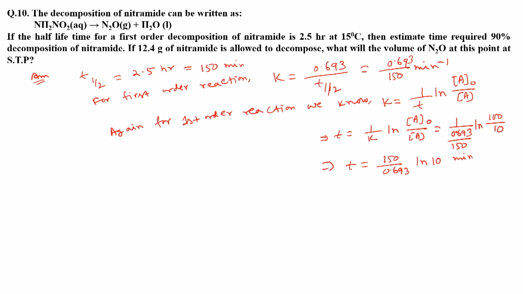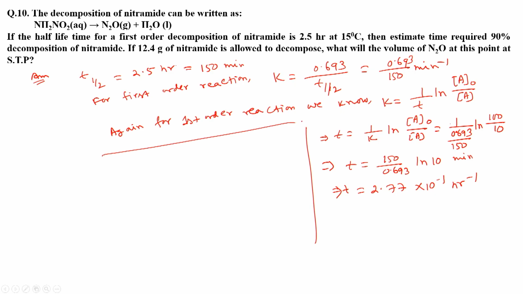Okay. So if we do it, basically we get the value of T is 2.77 times 10 to the minus 1 hour inverse. This is the first part.